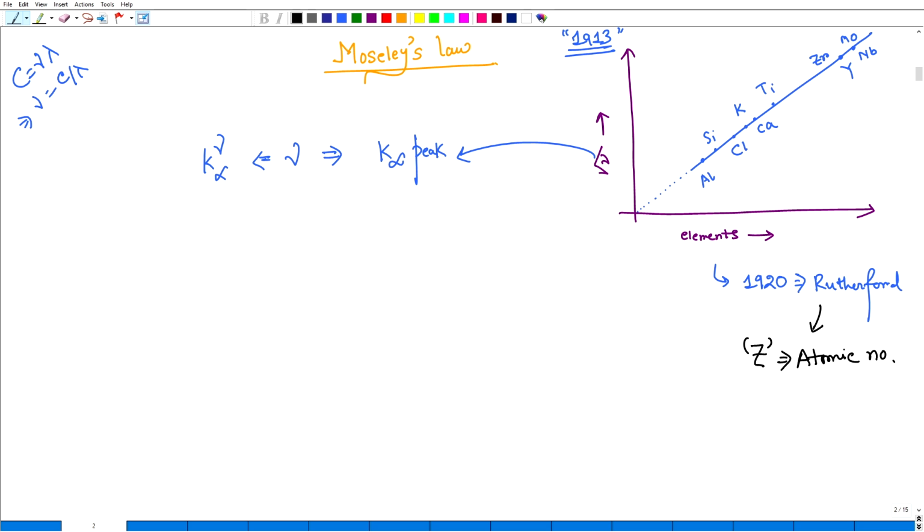So what was the statement? Moseley's law, very important.